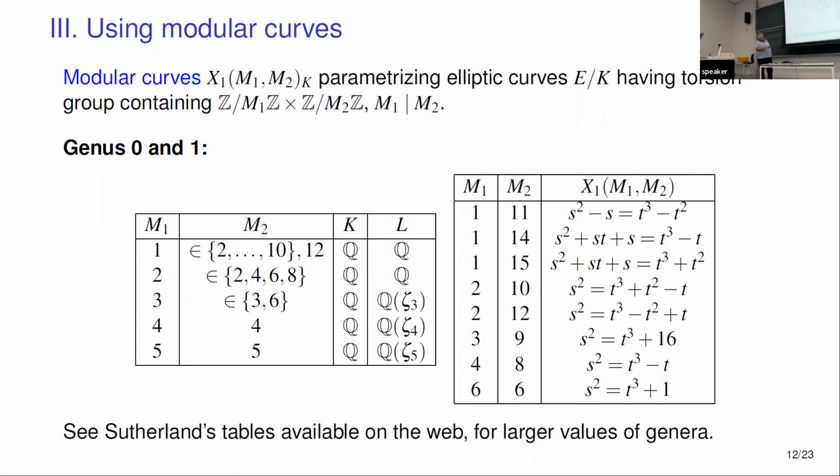And for genus 1, I put them in a table, and many more curves can be found in those tables. And the tables here are exact, contrary to a lot of the curves in the literature. I spent a long time correcting formulas before I discovered those tables.